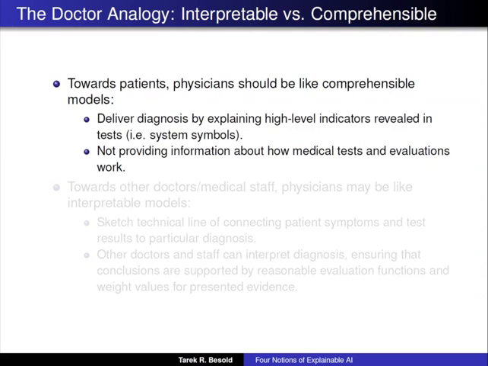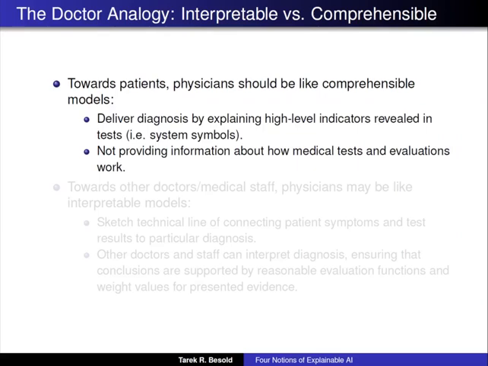Going for a bit of an intuition pump here, both of these types are actually united in doctors. If you think about what a doctor does when talking to a patient, the doctor presumably is a comprehensible model. Because you tell the patient, you know, you have high blood pressure, you're looking a bit sickly, you can't really climb stairs anymore, presumably you have a heart condition.